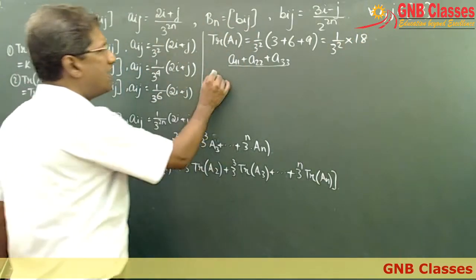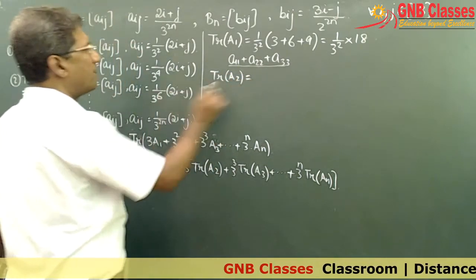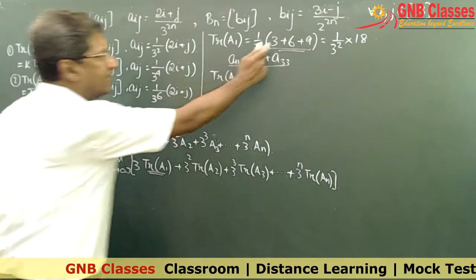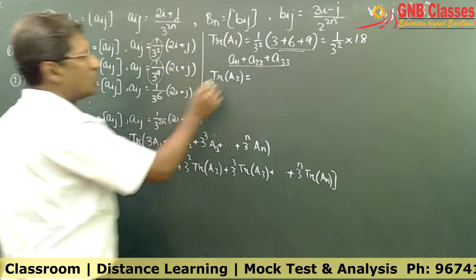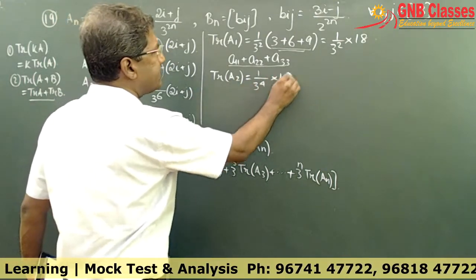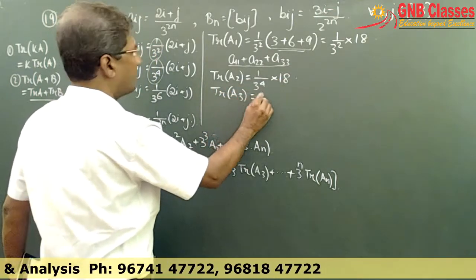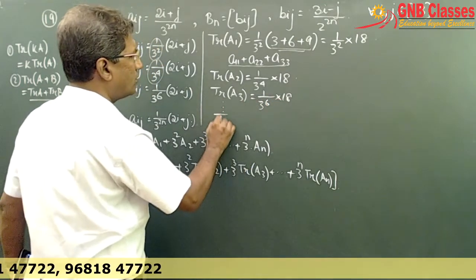Is it clear? Similarly you will get trace of A2 as, look carefully, this part will remain same. For all the cases this part will remain same, only this part will change, right? So for trace A2 it will be 1 by 3 to the power 4, again 18. Trace A3 will be 1 by 3 to the power 6, again 18, and this thing goes on.